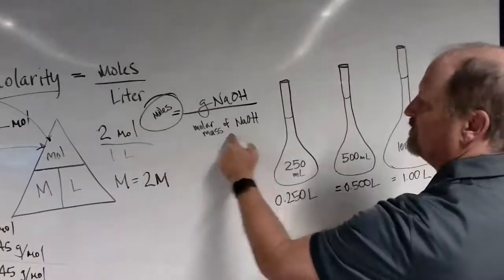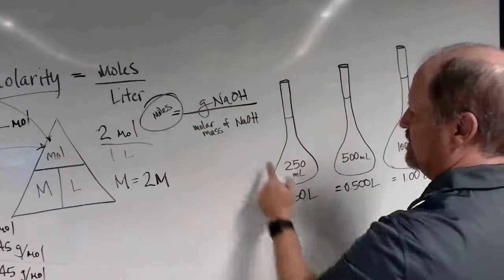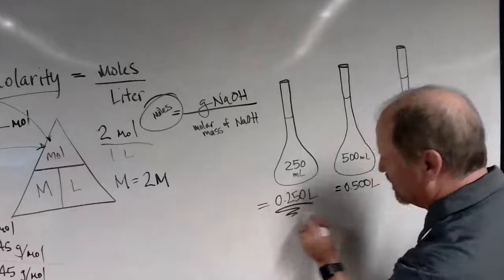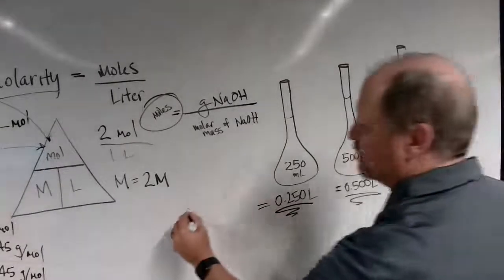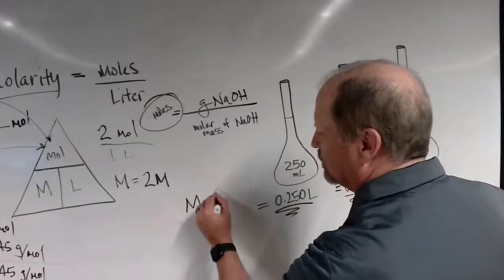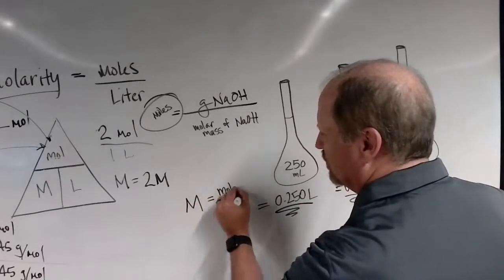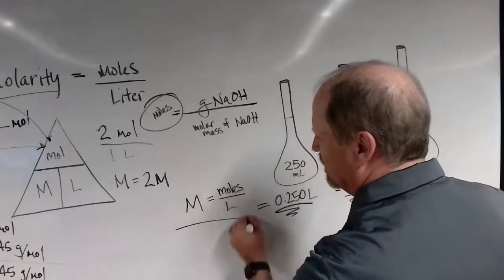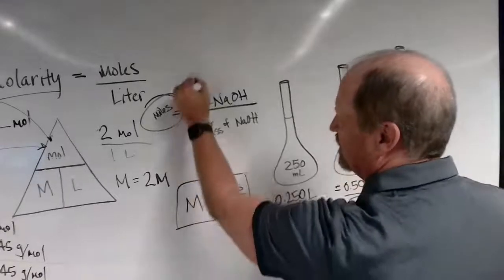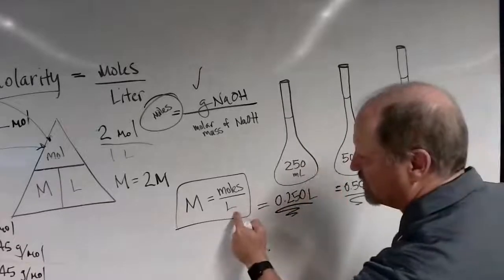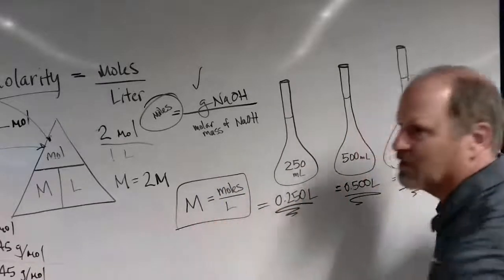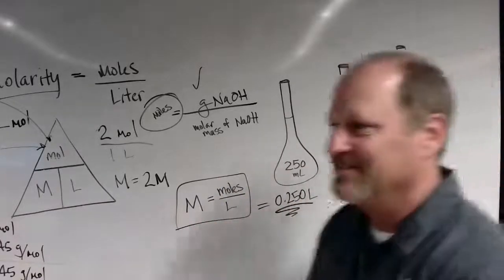The number of moles of NaOH divided by the liters, depending on the size of the container, moles per liter, is molarity. Molarity is moles per liter. So calculate your moles here. Figure out what your liters are based on the volumetric flask. Put that here. Moles divided by liters is molarity. There you go.